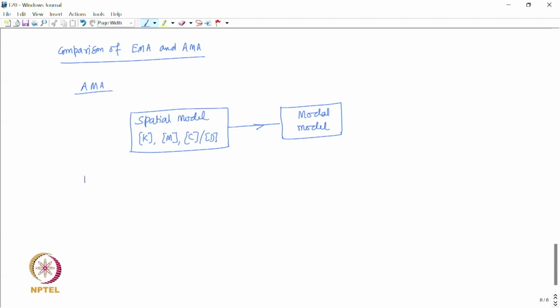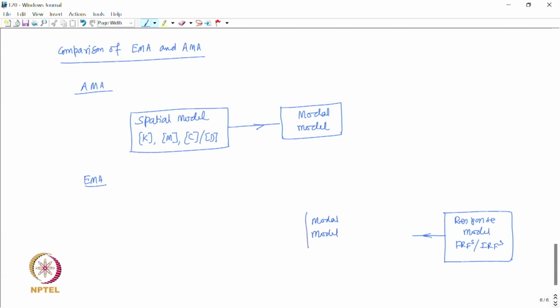In the experimental analysis, we basically have the response model of the structure, which is in the form of FRFs and IRFs. And then analysis of this response model leads to the description of the structure in terms of the modal model.